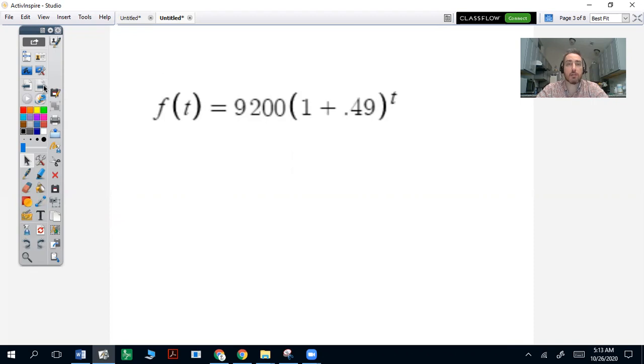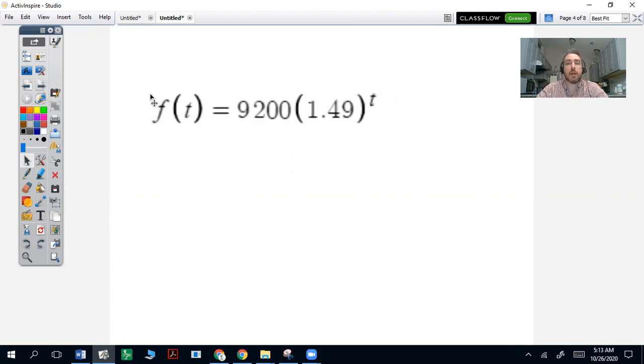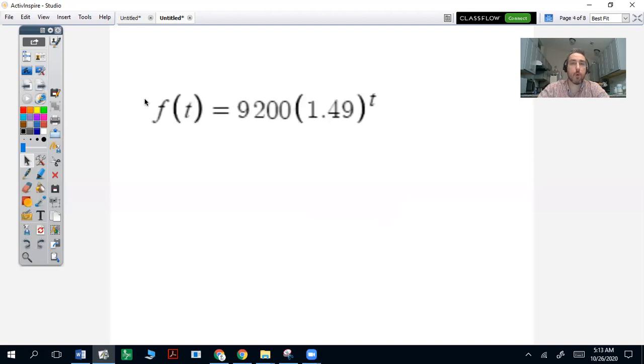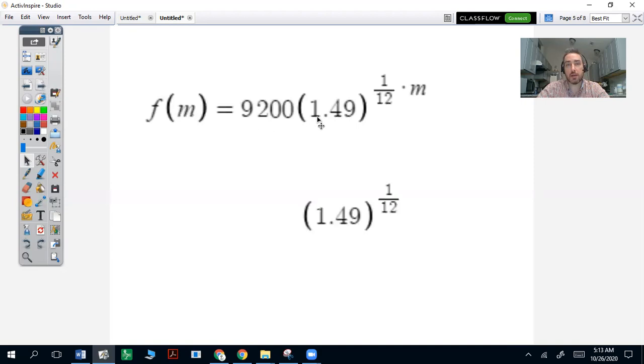But if I want to convert that to months, and of course, if you add the 1 plus 0.49, you get 1.49. If I want to convert that to months, I want to know, what do I get when I plug in a month? So think about 1 divided by 12. If I plug in 4 years, well, that's the same as doing 48 months, because 12 times 4 is 48.